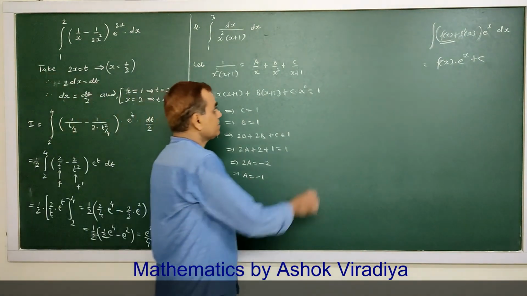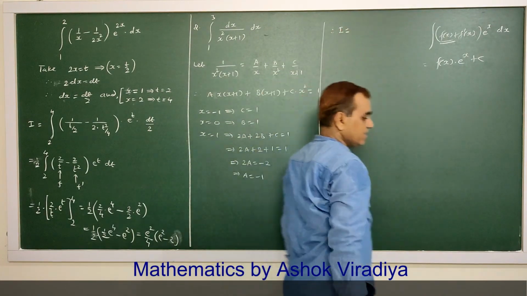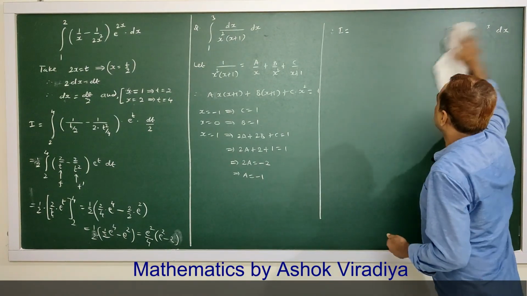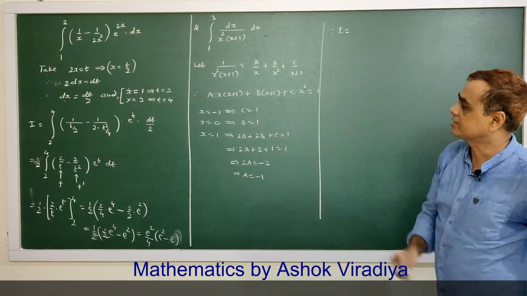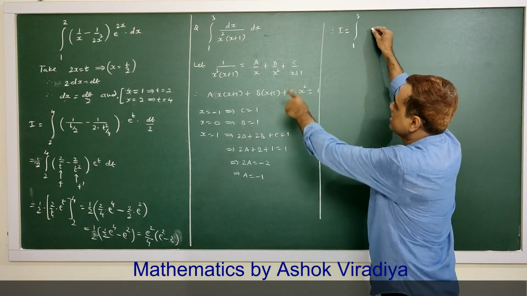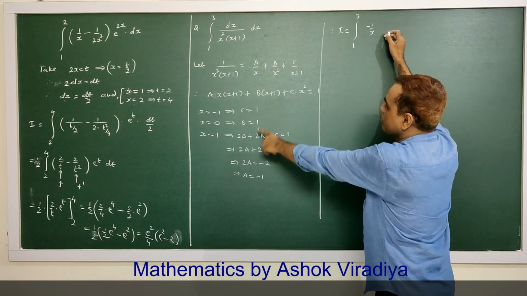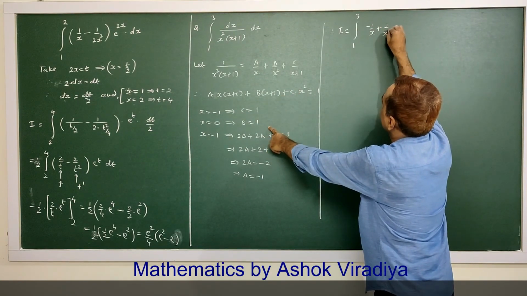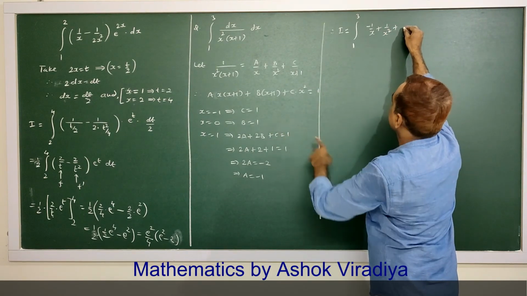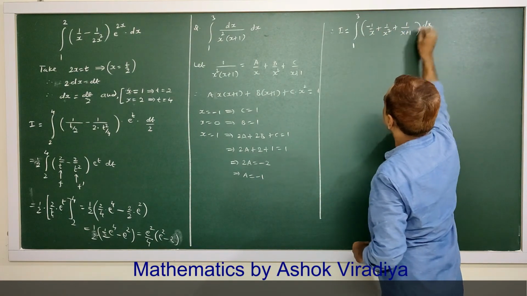So the integral is, now replacing the given expression by the new expression, integral from 1 to 3 of a upon x, minus 1 upon x, plus b upon x square, plus 1 upon x square, plus c upon x plus 1, c is also 1, so 1 upon x plus 1 dx.